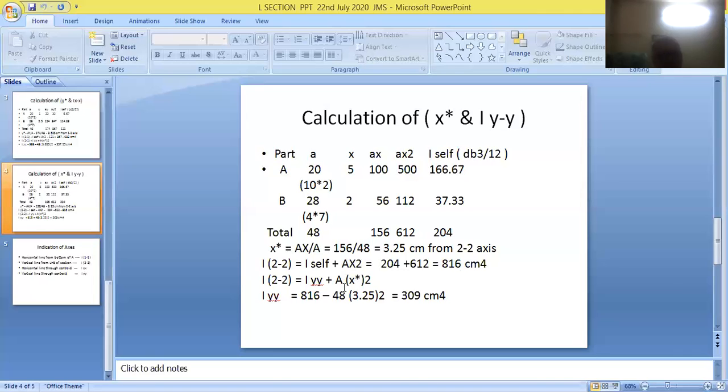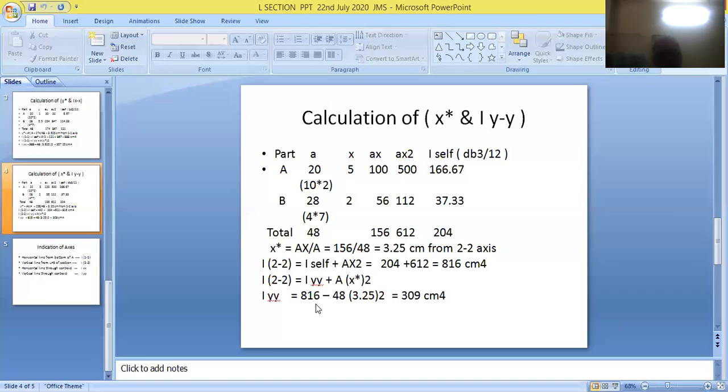And we have one more formula for measuring the value of IYY. I22 is written as IYY plus A into X bar square. So we know the value of I22, we know the value of capital A, we know the value of X bar. We have found out all these values. Substituting all these values in this formula, you will be in a position to measure the value of IYY.